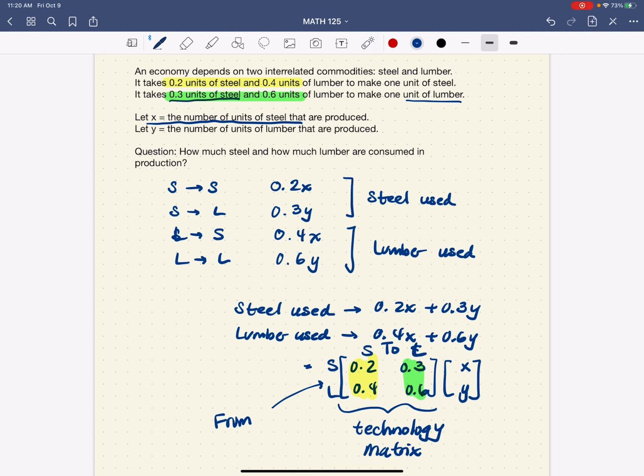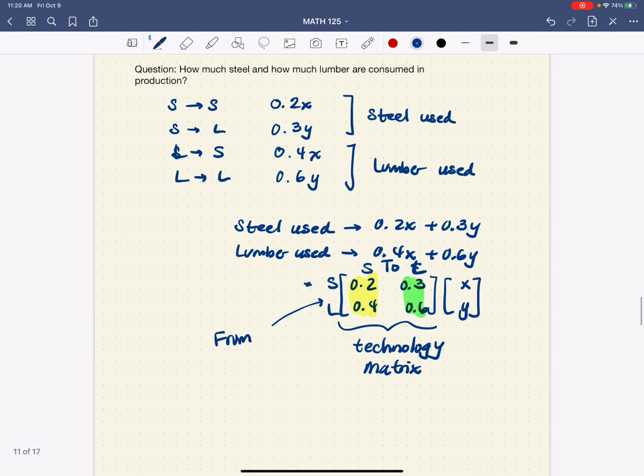From steel to steel, it's 0.2. How many units are going from steel to lumber? 0.4. And so on. So columns represent making a unit of steel and making a unit of lumber. So there we have that.